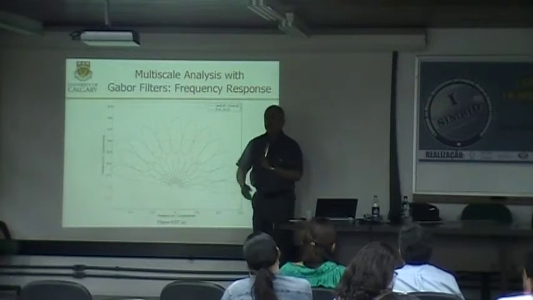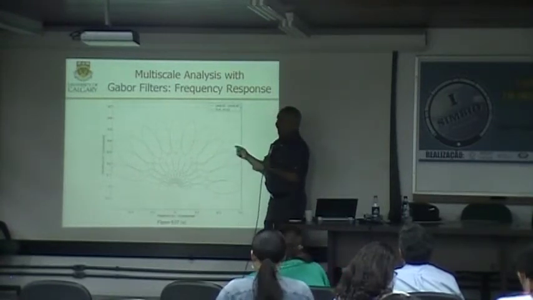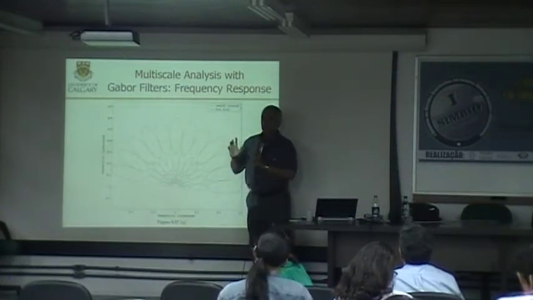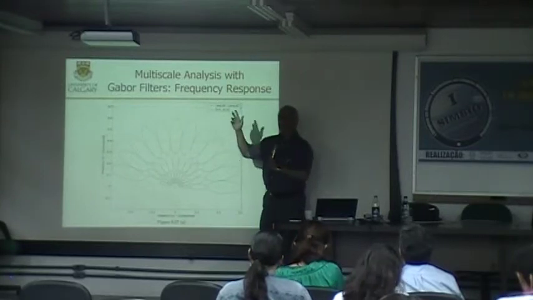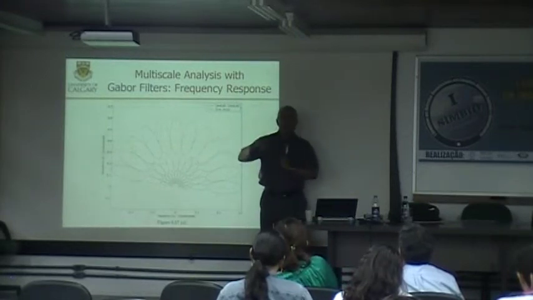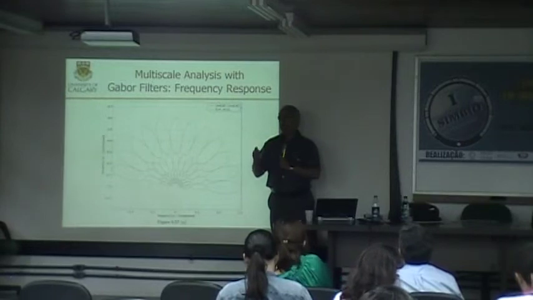So if I say 200 micrometers, Gabor filters with that parameter can detect from 50 micrometers to 800 micrometers. And that is enough. Anything smaller than 50, I don't want. Anything bigger than 800, I don't want. So by choosing this parameter, we can reject some of the unwanted details and artifacts.